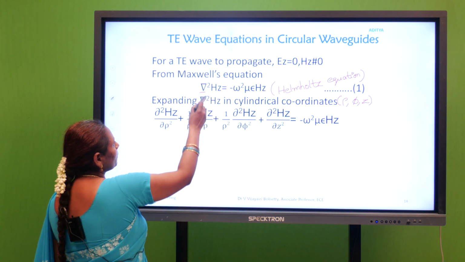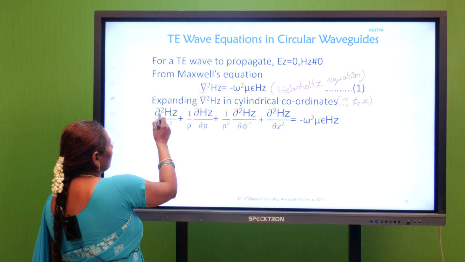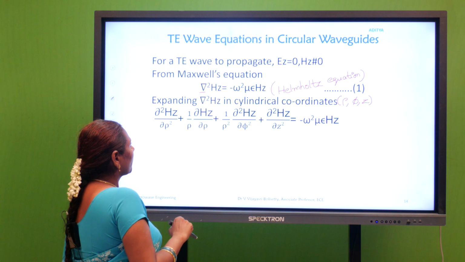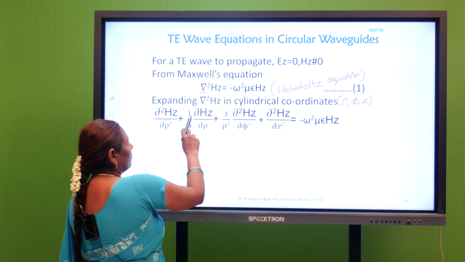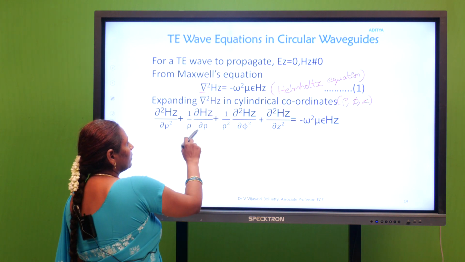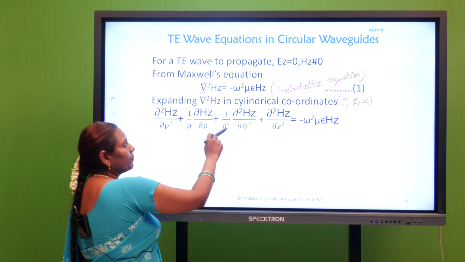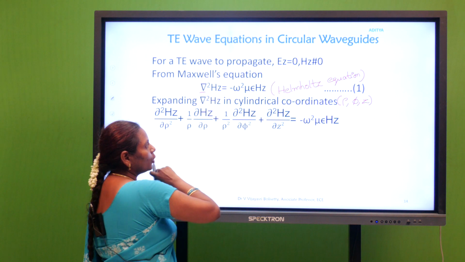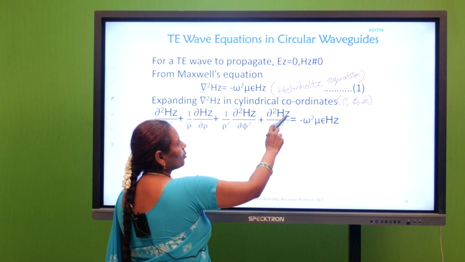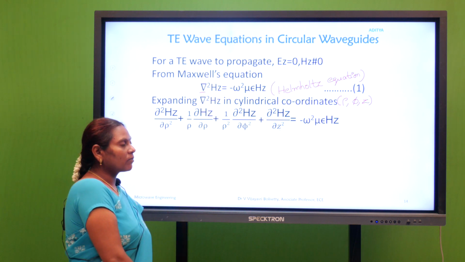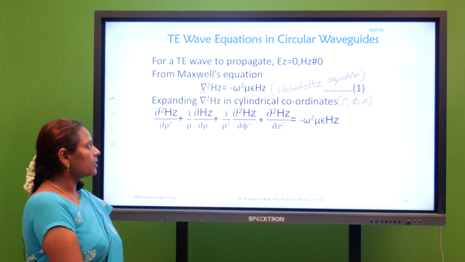With respect to rho, del square can be represented as dou square Hz by dou rho square plus 1 by rho dou Hz by dou rho plus 1 by rho square dou square Hz by dou phi square plus dou square Hz by dou z square is equal to minus omega square mu epsilon Hz.